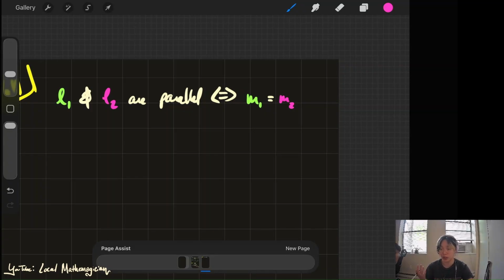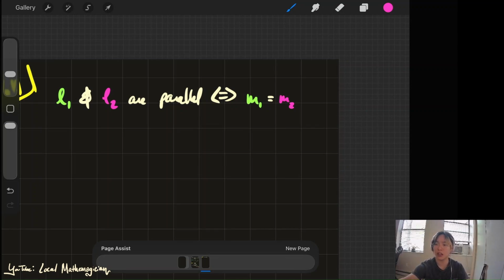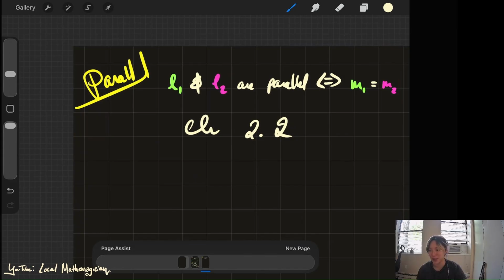Again, pretty straightforward. It is what it is. Yeah. So those are properties particularly special and interesting to us. That is it for chapter 2.2. Okay, friends?